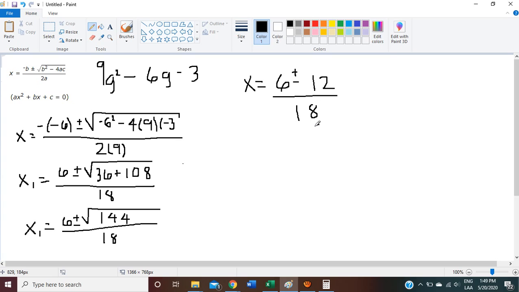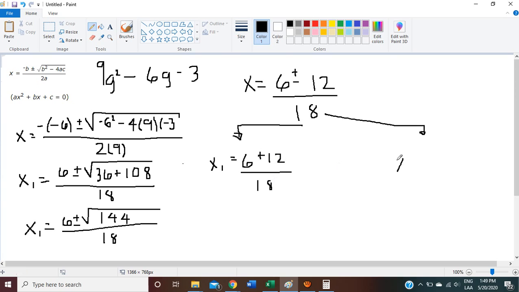So now here we're going to split into two answers. So let me do it a little bit like this, so I can get more space. Okay, so x1 equals 6. I am going to use plus 12 divided by 18. And the other answer, which is x2, equals 6.